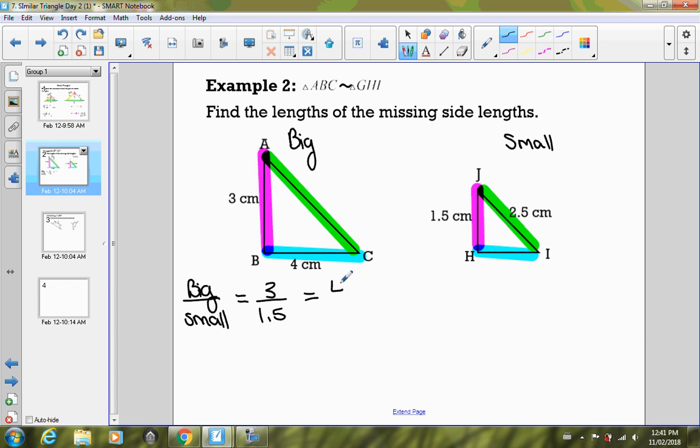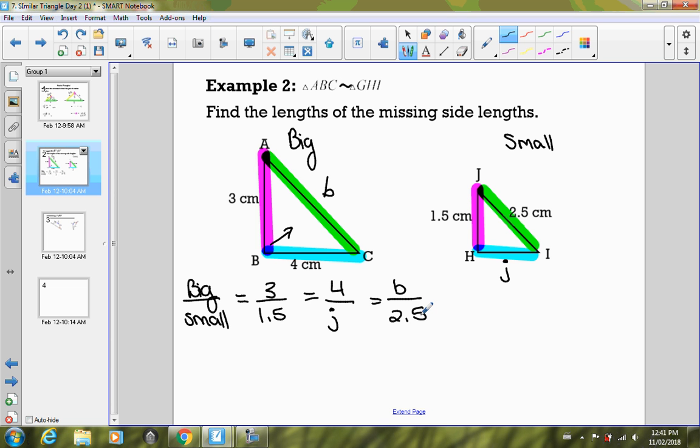Big blue is 4 over, now I don't have a length here, so if you remember, we would call this side lowercase j, because it's across from angle J. That is equal to, well, this would be my big green. I don't have that, but what do we call that side length? Lowercase b over 2.5. That's how I'm going to set up all of my proportions.